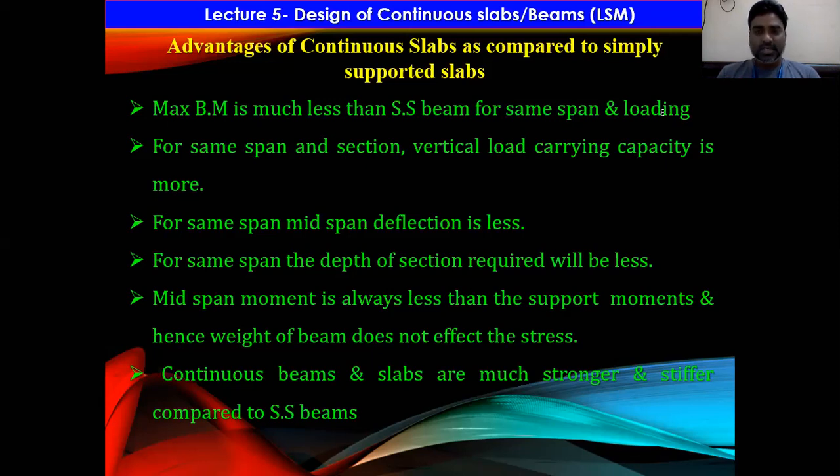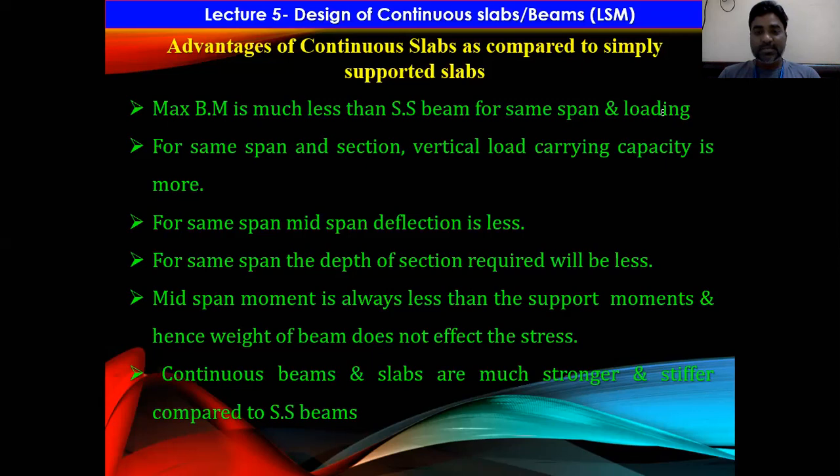And one more important thing is that for the same span and section, the load carrying capacity of continuous beams is very high as compared to simply supported, right? And for the same span, mid-span deflections are less as compared to a simply supported beam.